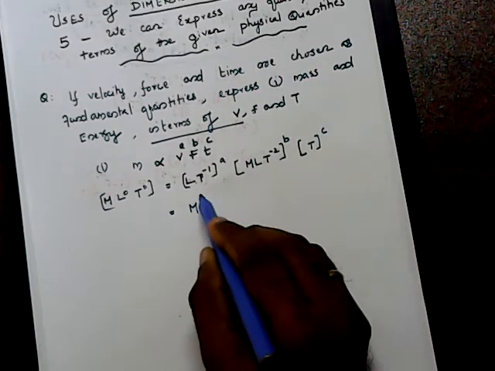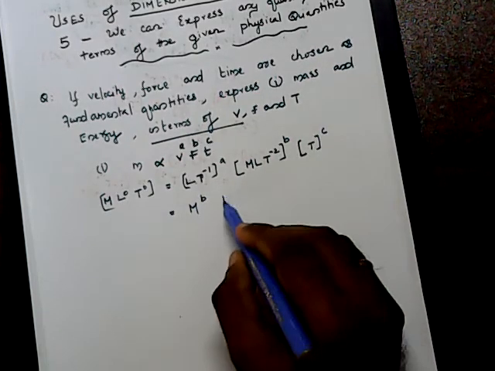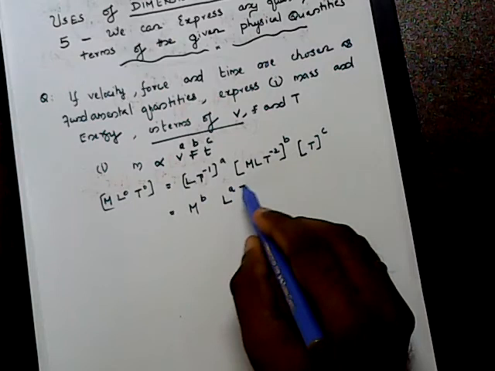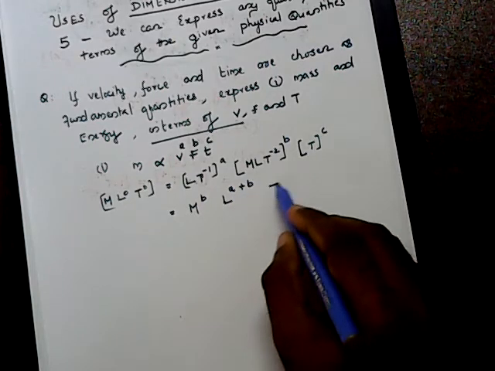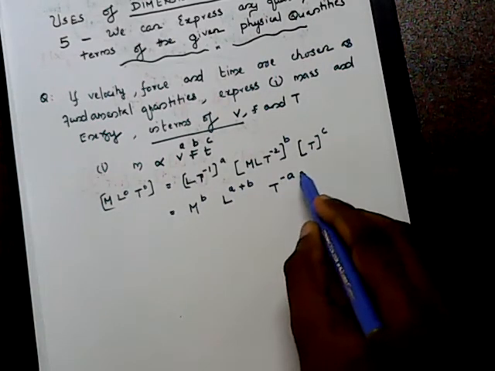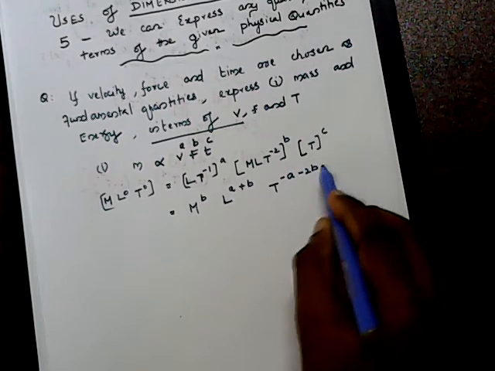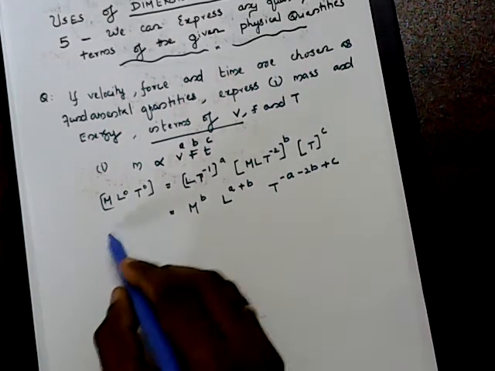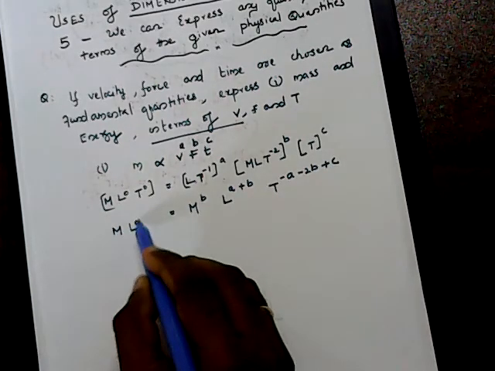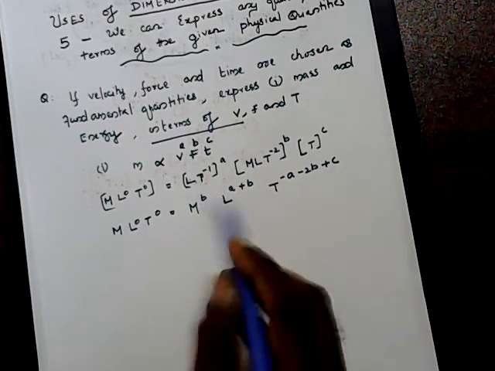So for mass there is only B, and for length it is A plus B, and for time minus A minus 2B plus C. Then we can apply our principle of homogeneity.